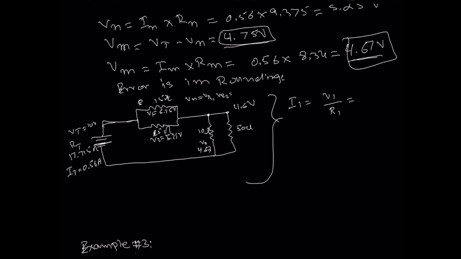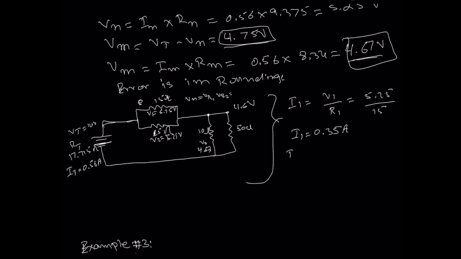Let's see if that is correct. 5.25 divided by R1, which is 15 ohm, will give me 0.35 amp.